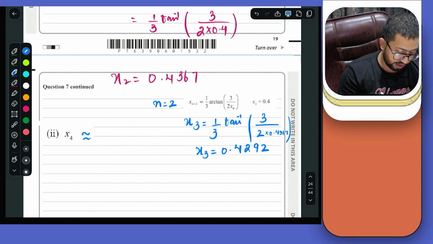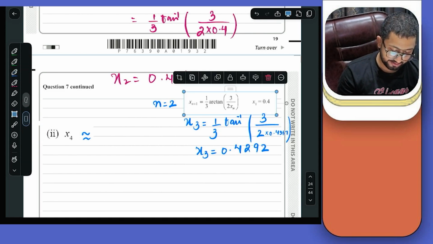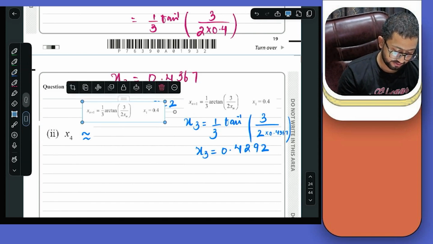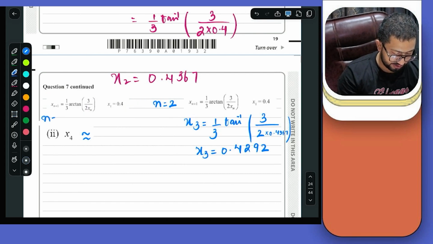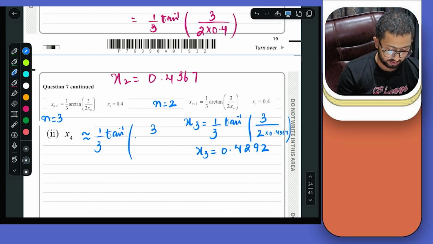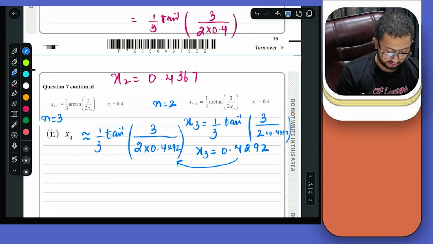Now you can get the value of x4 easily. How can you get x4? I have to substitute n equal to 3, which will become 1 over 3 tan inverse 3 over 2 times x3, and the x3 value is 0.4292.